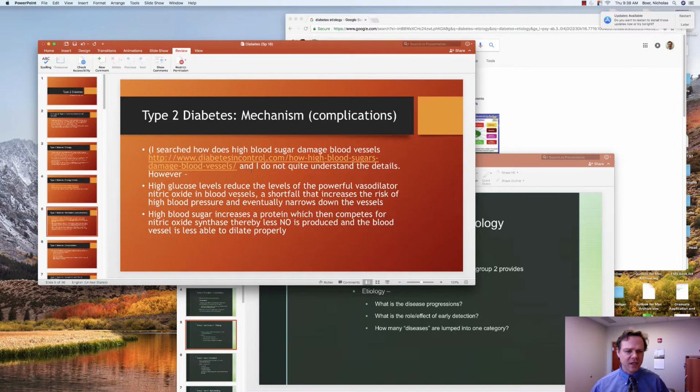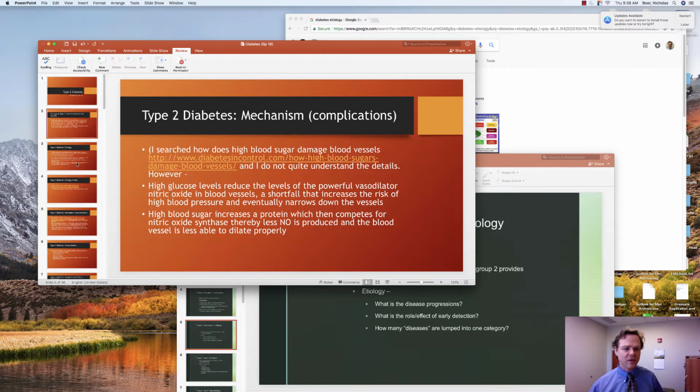So one of the things that I added was what is the mechanism for how diabetes occurs, and really for how complications occur. Because having high blood sugar is one thing, but then how that high blood sugar causes you to have problems is really what's more important. So you want to discuss that and talk about that.